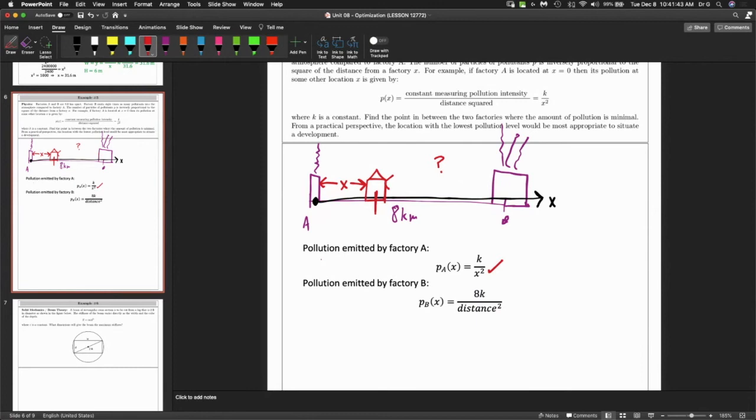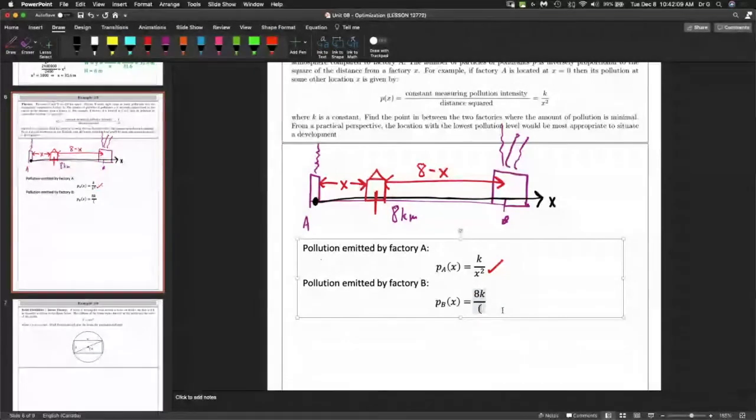That's correct, Prabiti. It's 8 minus x. Very good. Because remember, this distance here is x. The total distance is 8. So you do 8 minus x. And that's the value here for the distance from factory B to that development.